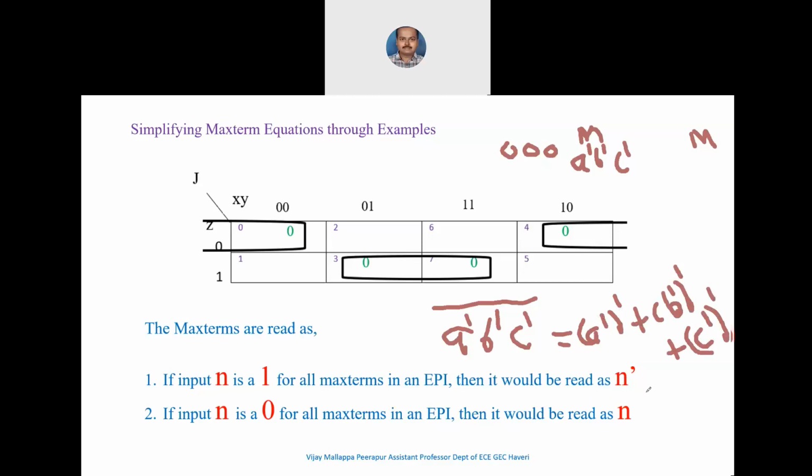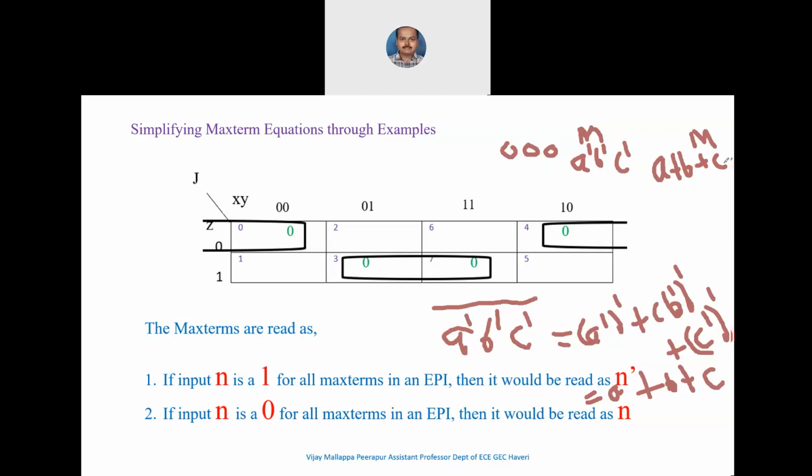Double complement is nothing but A or B or C. So what is the max term, how do you write it? A or B or C here. Correct, everyone understood this one?